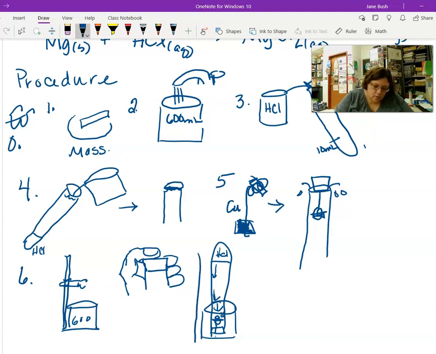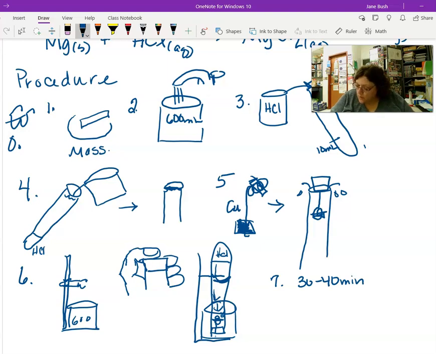While you're waiting for this to happen, you can use the clamps to hold that in place and sit back and watch it happen. We're going to let it stand till it's all reacted. So hopefully that will be in about 30 minutes. I'll make sure that it happens by making sure I have strong acid.